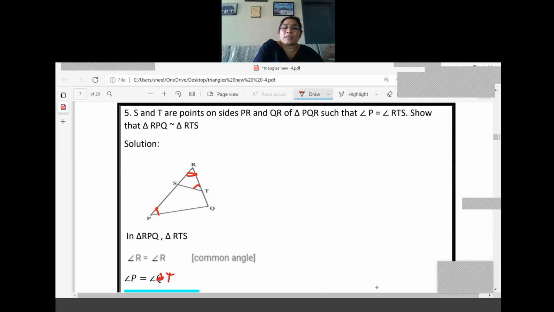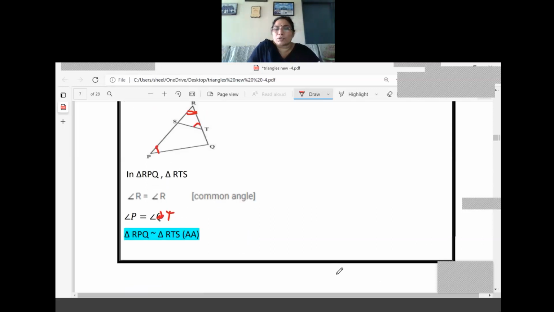So what is the criteria we are using here? Two angles criteria only. Angle R is equal to angle R, angle P is equal to angle T, it is given. So what is the answer? Triangle RPQ similar to triangle RTS only. So we have used only two angles. What is the criteria to be written?